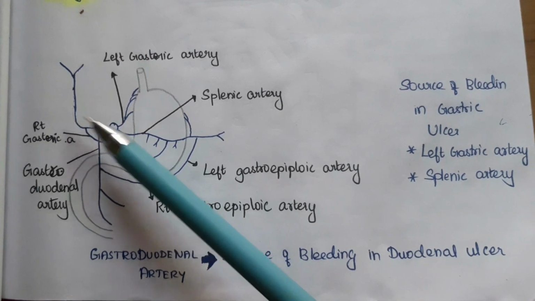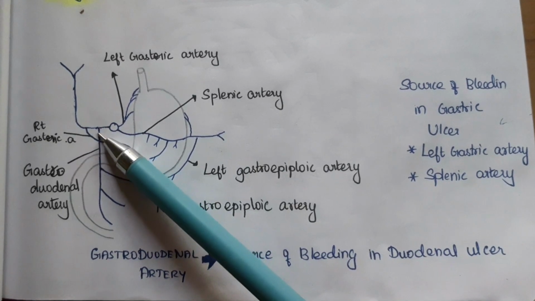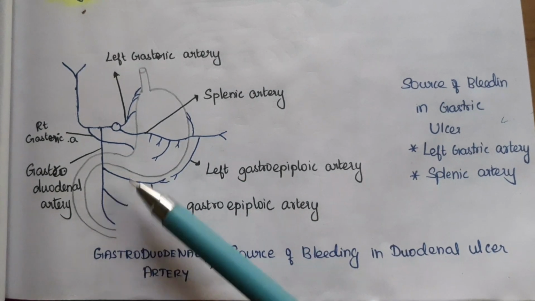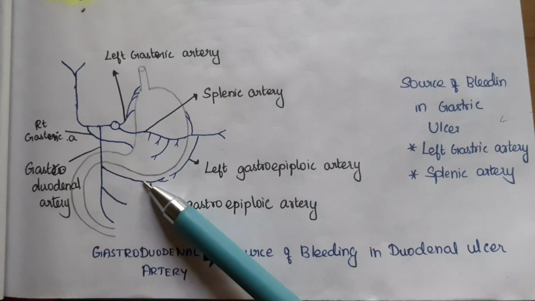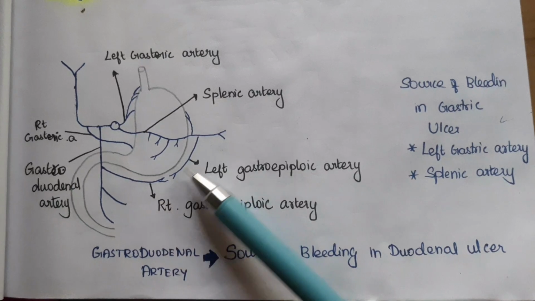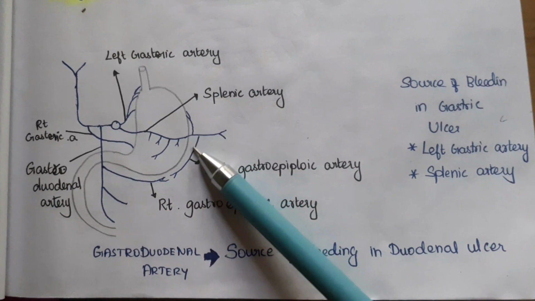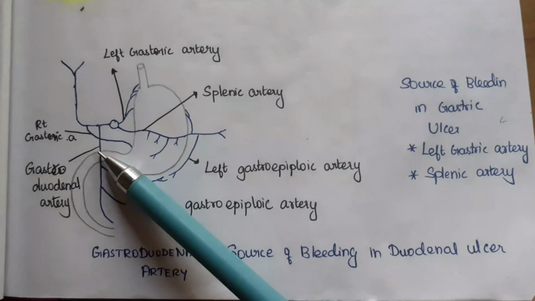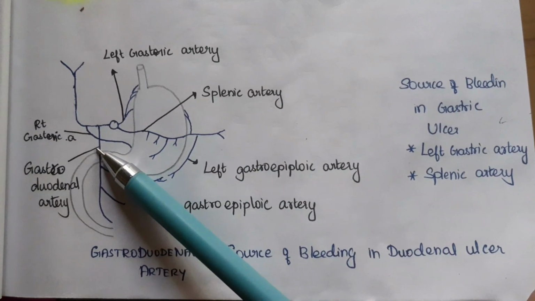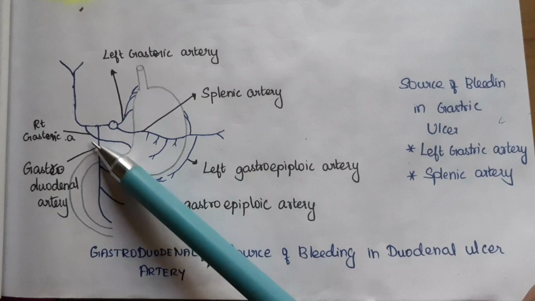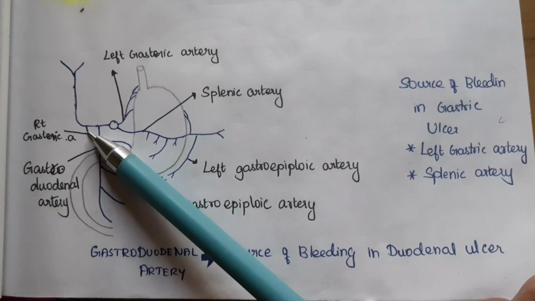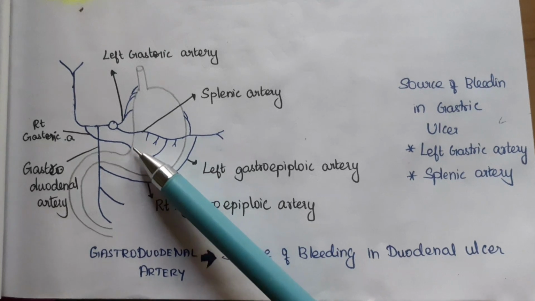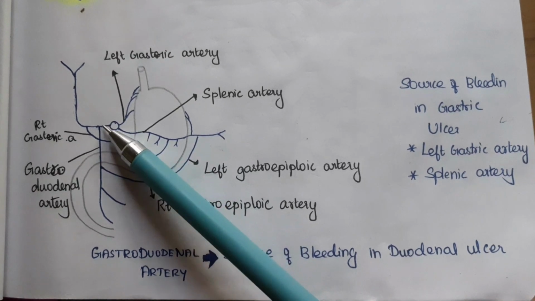This is the common hepatic artery from which the gastroduodenal artery arises and supplies the duodenum, from which the right gastroepiploic artery comes, while the left gastroepiploic artery comes from the splenic artery. So this is the gastroduodenal artery coming from the common hepatic artery, and the right gastric artery coming from the proper hepatic artery supplies the pylorus and lesser curvature of the stomach.